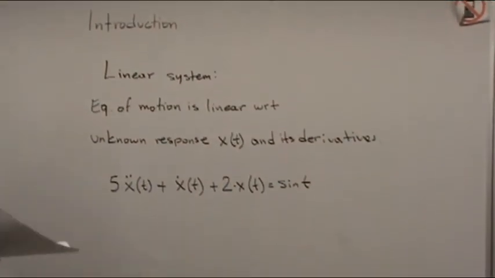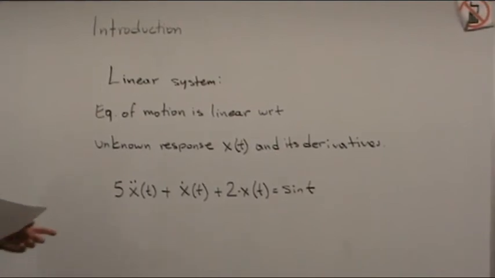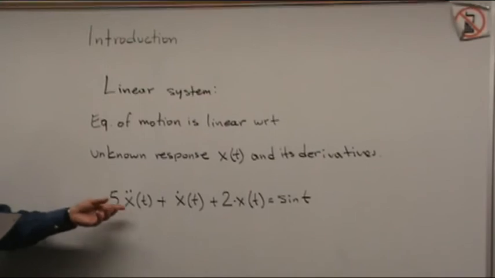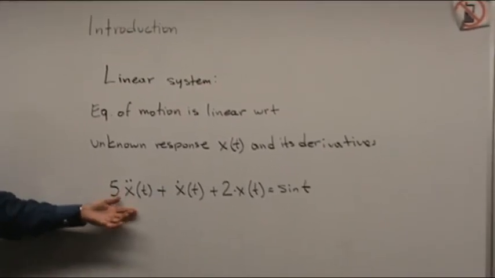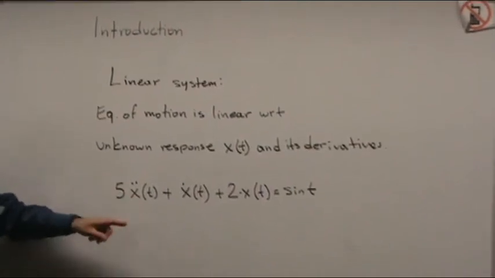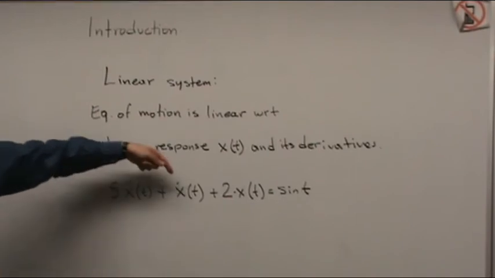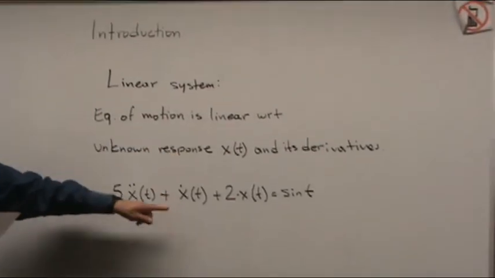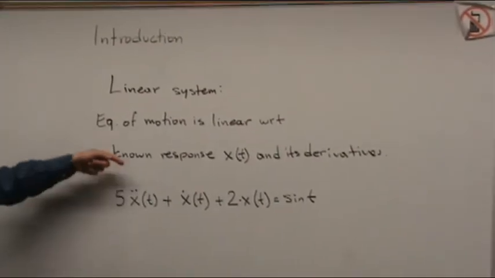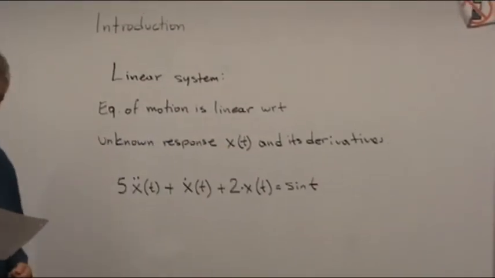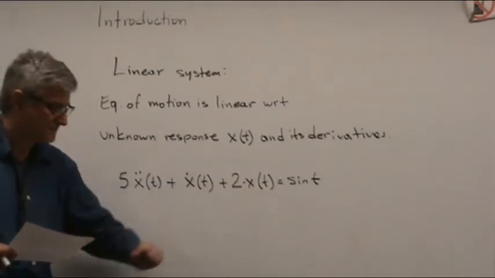Okay, this is a linear system. It is linear because there are no second powers or nonlinear functions of x of t. So we have derivatives such as the second derivative or the first derivative, but you don't have any nonlinear term. You don't have x squared, okay? Or you don't have sine of x of t.